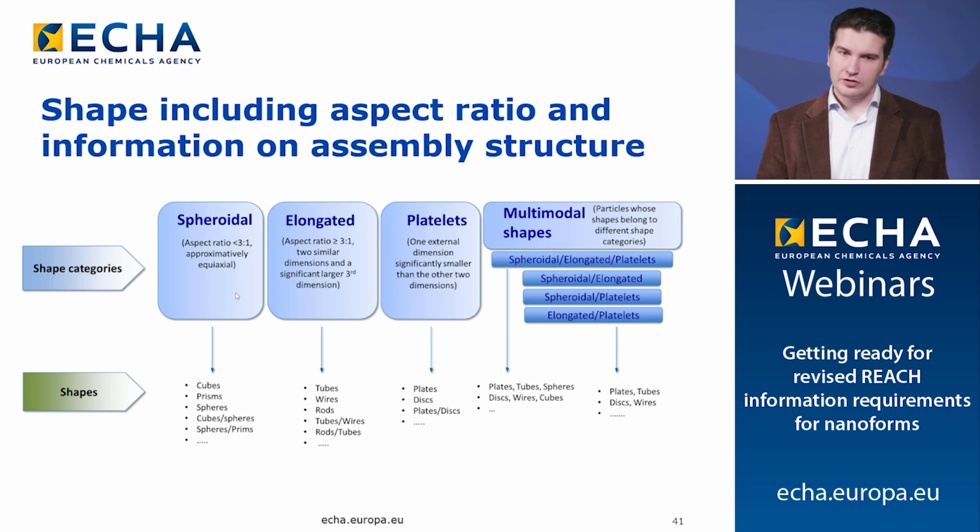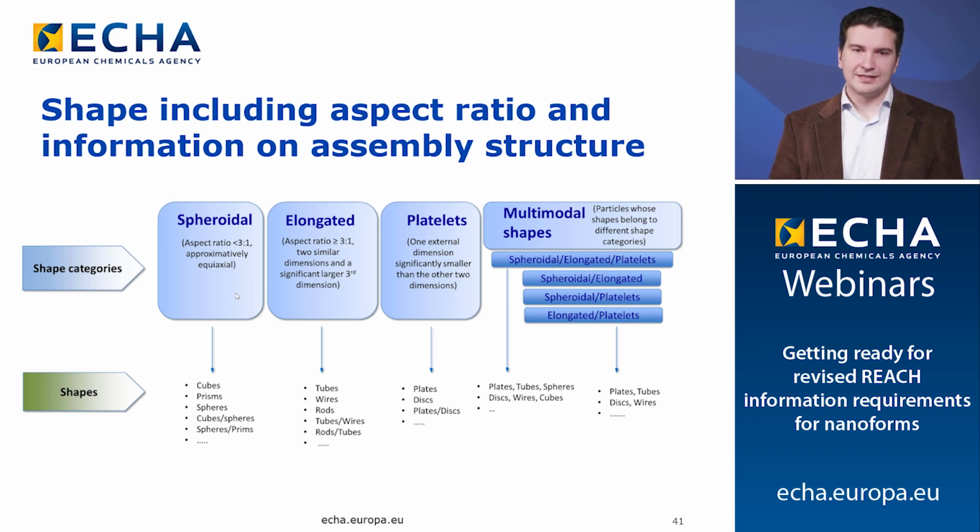So we have a spheroidal shape category. This is covering particles that have an aspect ratio of less than 3:1 and particles that are approximately equiaxial.